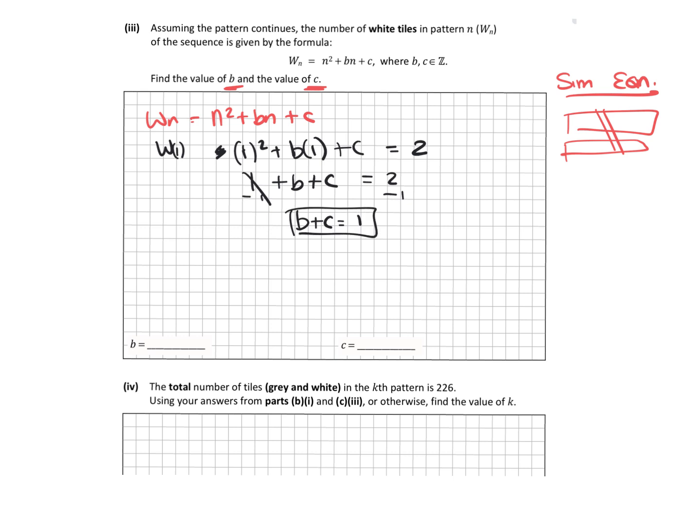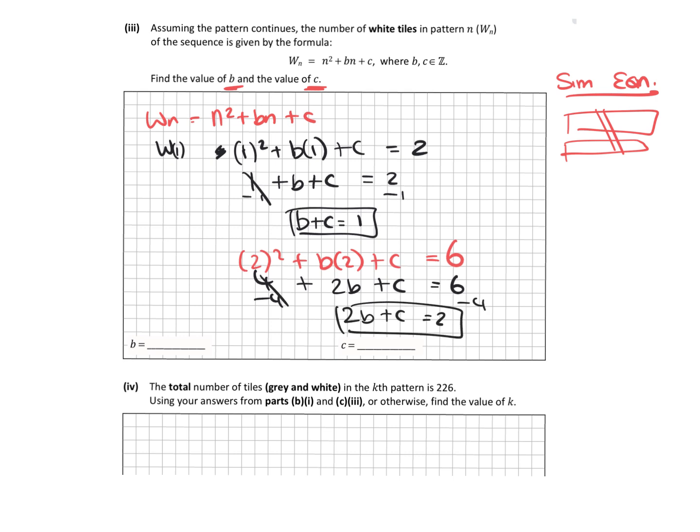So that would be one equation. Then I could try 2. So 2 squared plus b times 2 plus c equals, and in the second one there's 6. So that would be 4 plus 2b plus c equals 6. And then I'm going to minus 4 on both sides. So 2b plus c equals 2. That would be my second equation.